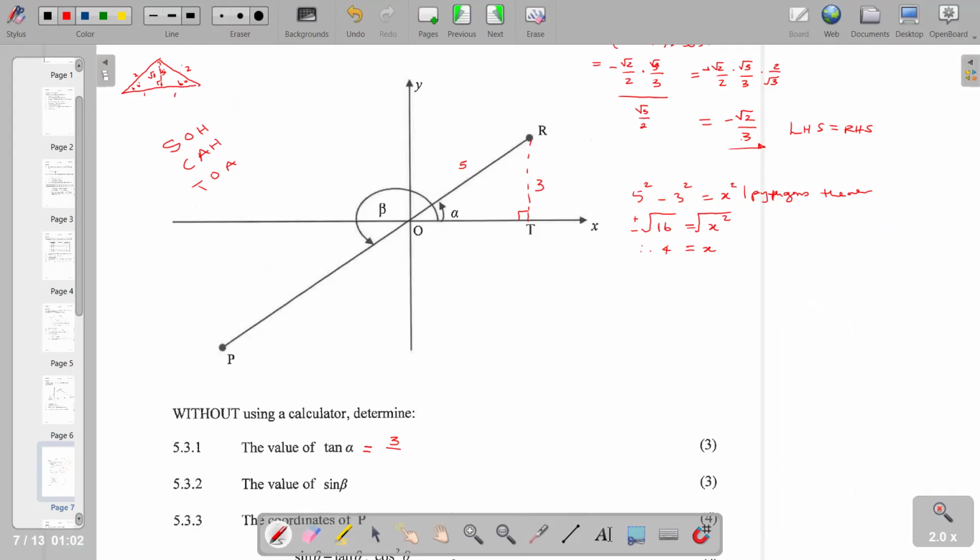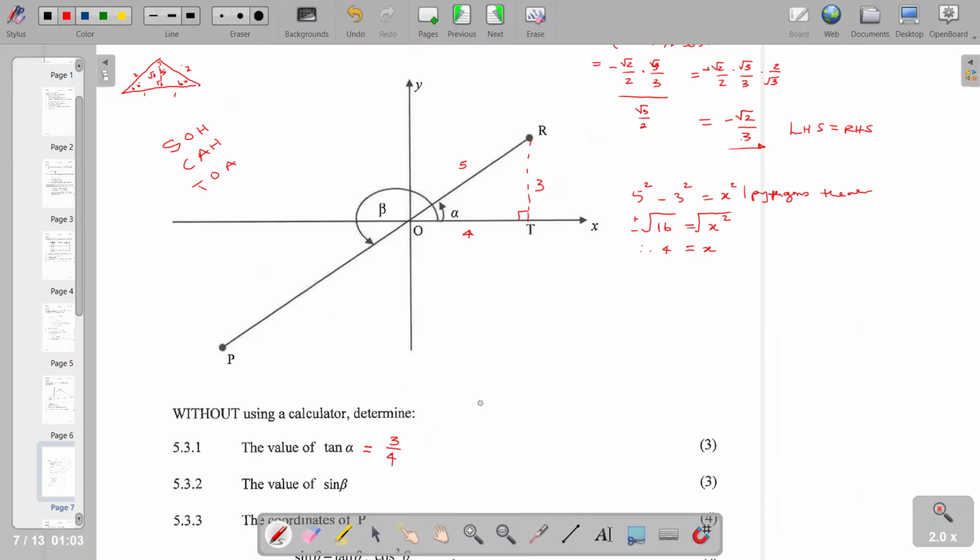Sorry, the adjacent of alpha is this side, which we determined to be 4. So it means here it's going to be equal to 3 over 4.